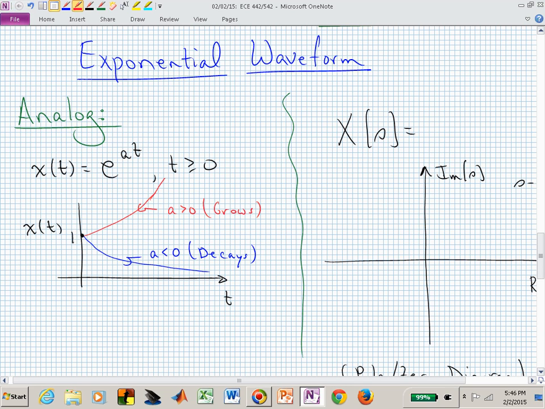Those have this exponential decay, and the speed of that decay is influenced by the magnitude of that A. If A is positive, then we have the red curve, an exponential growth curve, e to the 4t. That's growing unbounded exponentially.